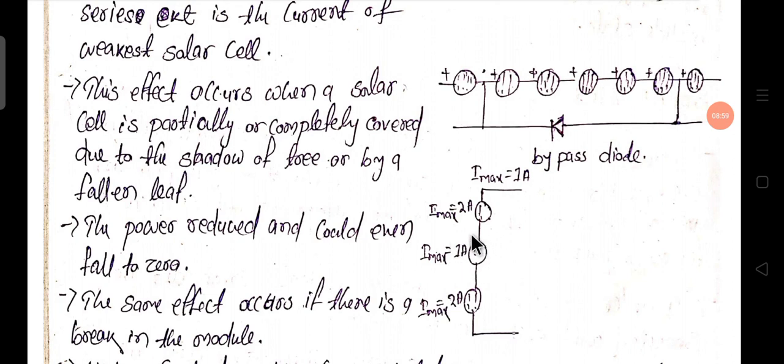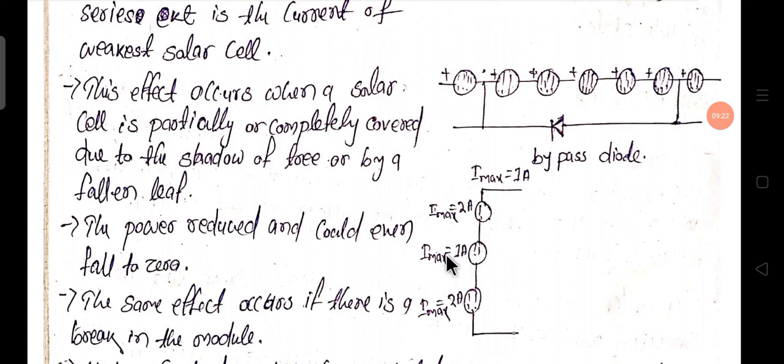So obviously it produces less energy, and the current is also less. So in the series circuit, the current that flows is 1 ampere, or the lesser ampere.